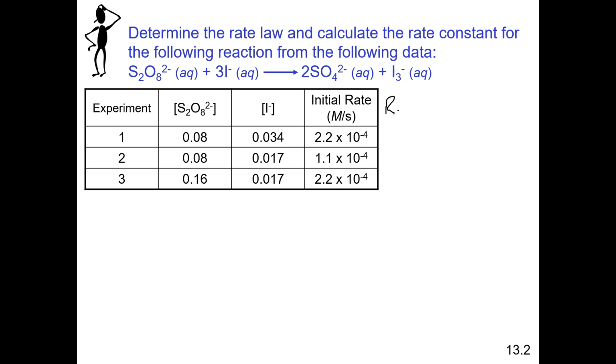So rate is equal to the rate constant times the concentration of the persulfate, S2O8 2-, raised to the x, times the concentration of the I- raised to the y. Obviously x and y are the orders of the reaction with respect to the persulfate and the iodide, and our task is to find x and y.